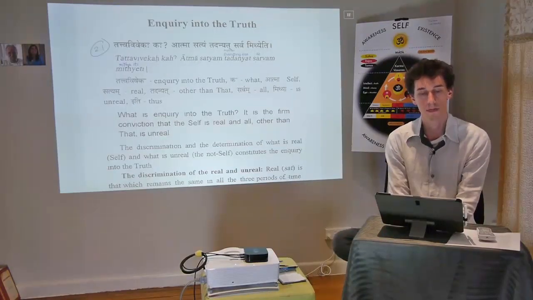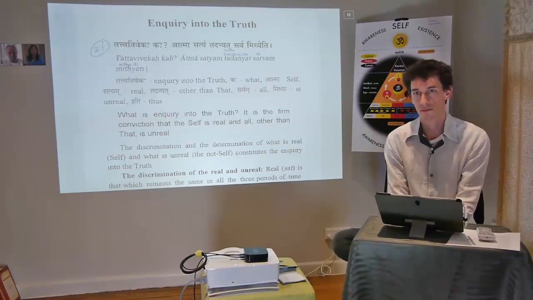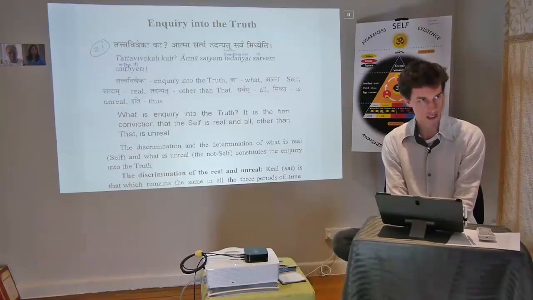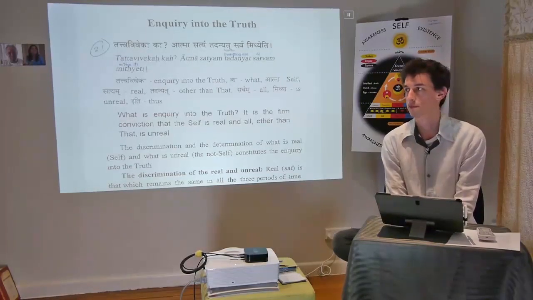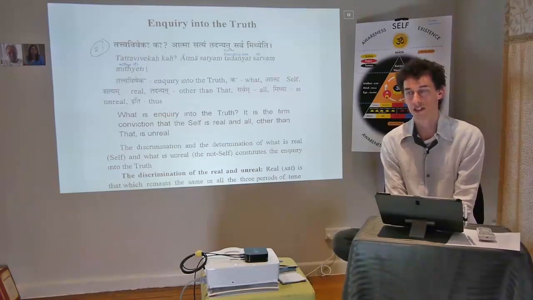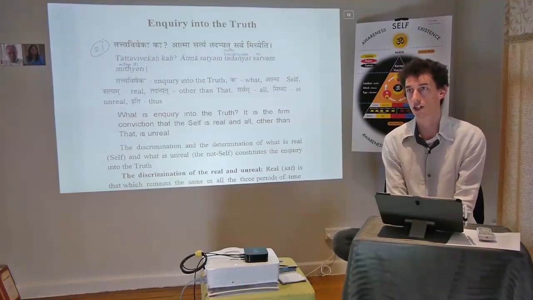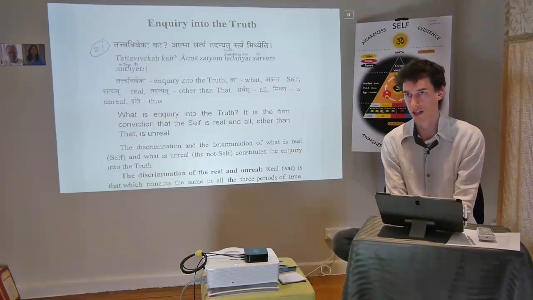Prasthana traya. Okay, what is the Prasthana Traya? Prasthana Traya is a complete text. What does complete text mean? It means it's both a Dharma Shastra and a Moksha Shastra.